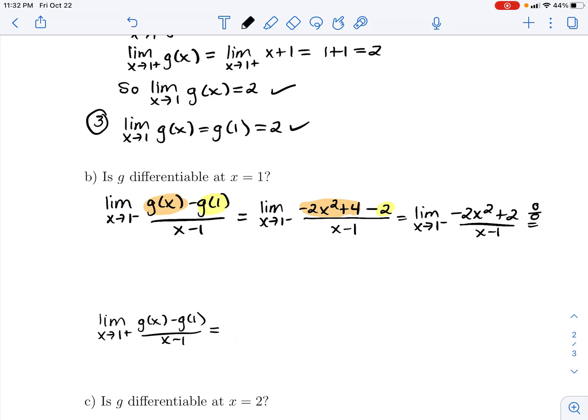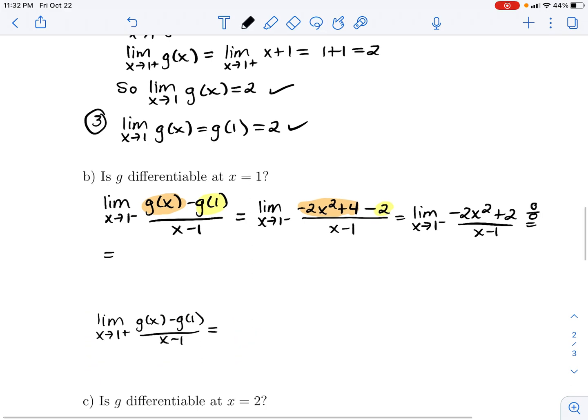So we need to factor the numerator. This is going to be equal to the limit as x approaches 1 from the left. Now look at the numerator. They both have a 2 in common, correct? But you want to factor out that negative as well, because I don't want that x squared term to be negative. So I'm going to have negative 2 and then x squared minus 1 all over x minus 1.